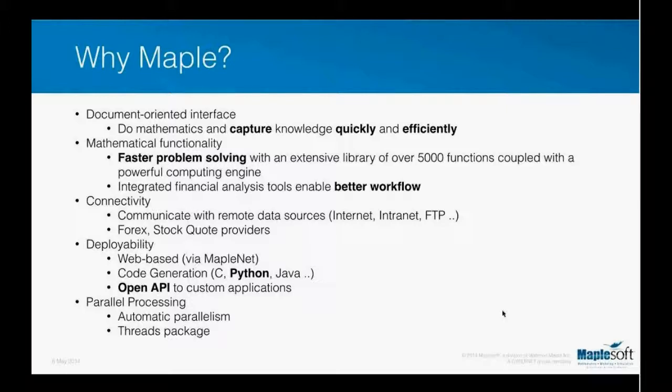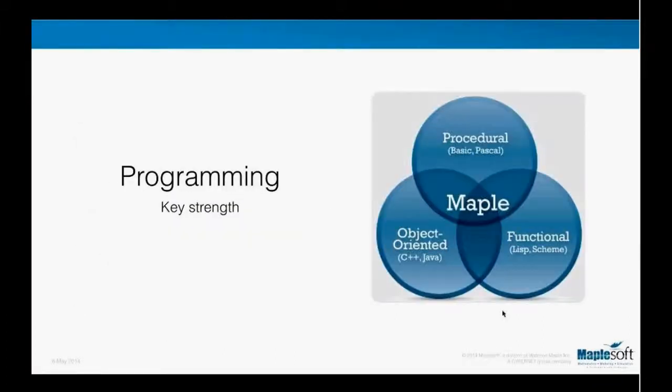And we have spent a lot of time in developing our parallel processing capability. So our programming language is conducive to parallel processing. And programming is a key strength for our customers. So it's a procedural-based type of approach.